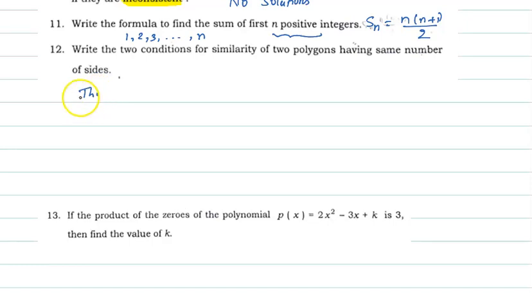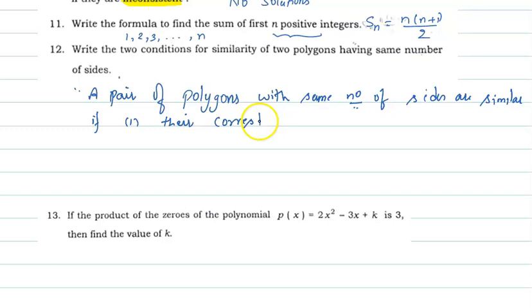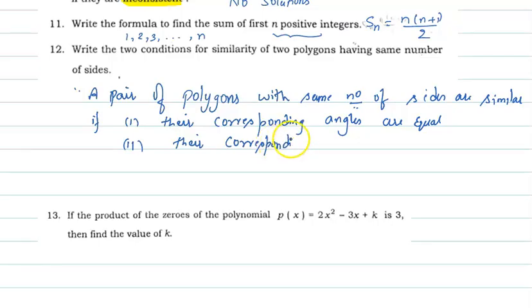See, a pair of polygons with the same number of sides are similar if, first, their corresponding angles are equal, and the other one, their corresponding sides are in the same ratio.